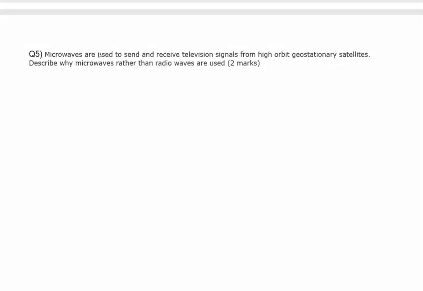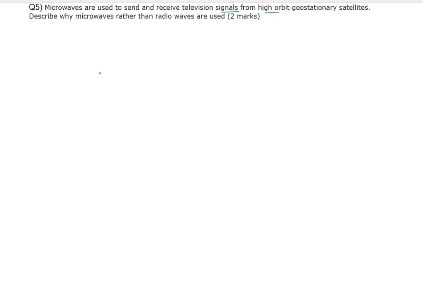And the last question. Okay, so microwave is used to send signals to satellite and describe why microwave is used. Now, if you remember, we've got the Earth, we've got the antenna. You have the layer here, and then you have the satellite. So saying here microwave can easily go. So microwave, M, microwave. Why is it that it can go?